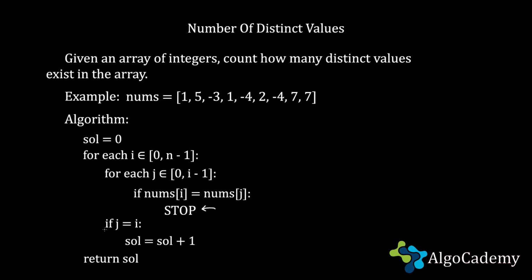Because if j equals i, this means that we've gotten out of the for loop naturally. So we've checked all the values on the left of nums of i, and found none equal. Because if we did, then we would have stopped here with a value of j between 0 and i-1, right?